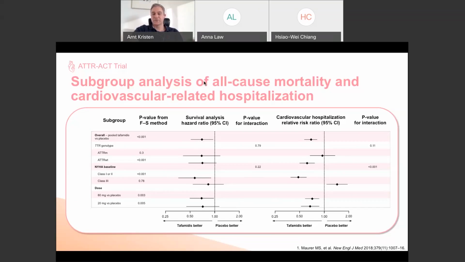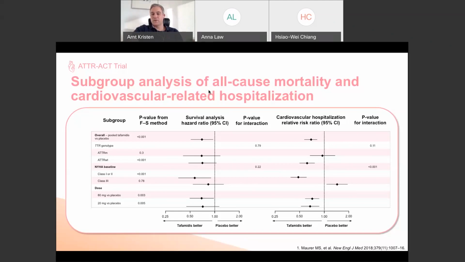So no difference between the 20 and 80 milligram cohort, and no difference between wild type and mutant type patients regarding survival, and a lower frequency of cardiovascular-related hospitalizations in patients with wild type ATTR amyloidosis.